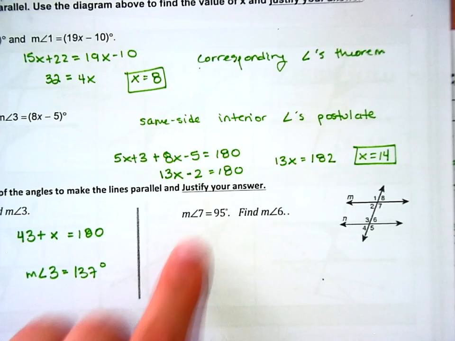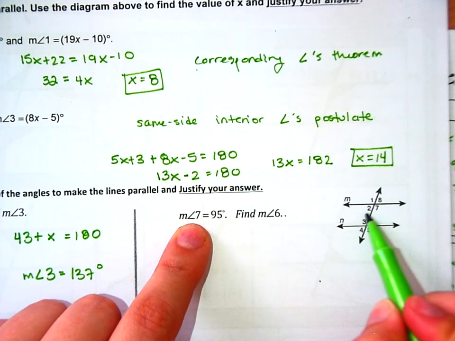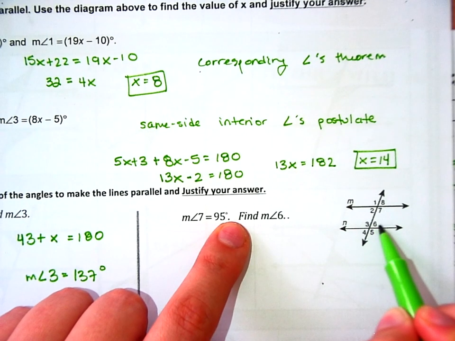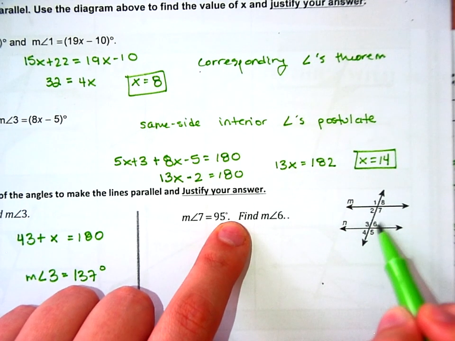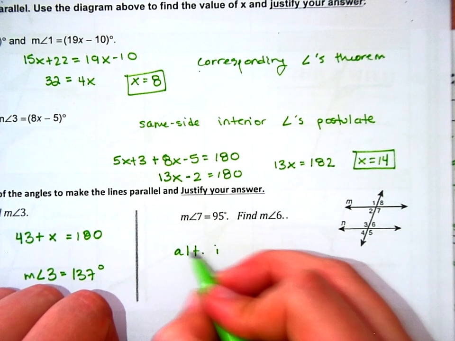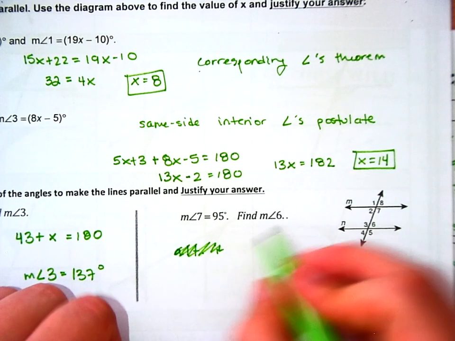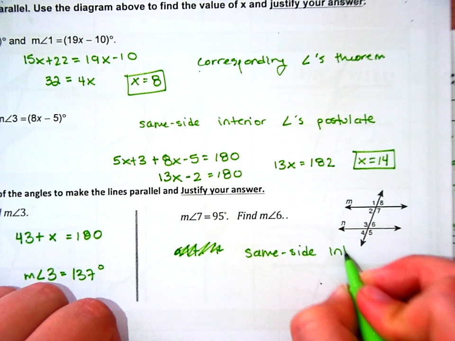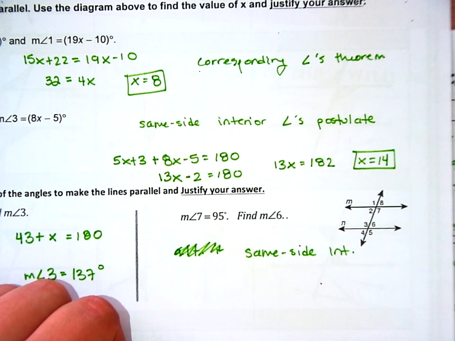All right, this one we are given angle 7, that's this one right here, it's 95, and we want the measure of angle 6. Okay, so those are alternate interior angles, same side, I'm mixing up my words, same side interior, and that means they're supplementary.